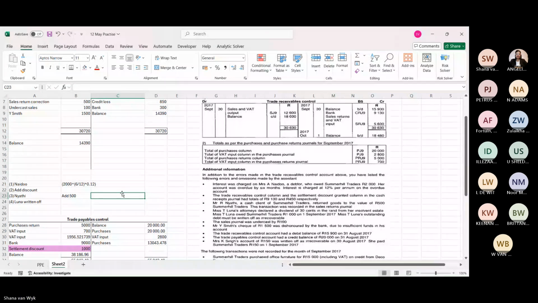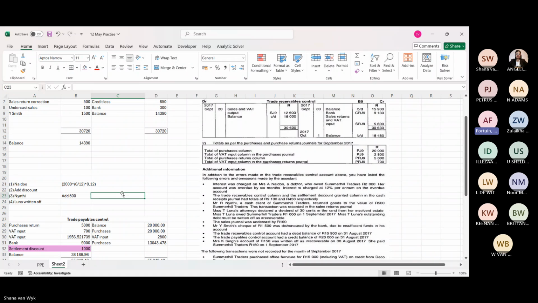So what is VAT input in the purchaser's journal? We are buying, so it's coming in. It means SARS must give us money. So it's going to be an input, it's going to be an income. So shouldn't it then be debit because then it must be credited?